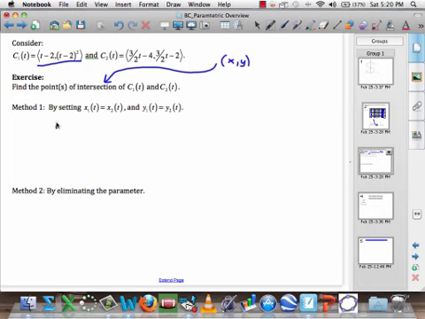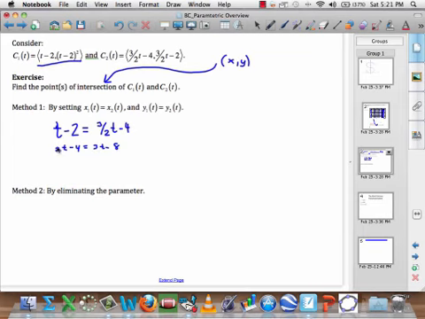All right, so let's see what happens here. If we take the two x functions in terms of t and set them equal to each other, we get t minus 2 is equal to 3 halves t minus 4. I'm going to multiply everything by 2 to get rid of the fractions, so I'll have 2t minus 4 is equal to 3t minus 8.